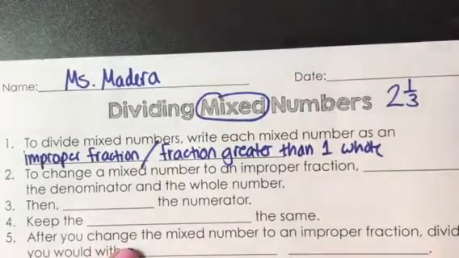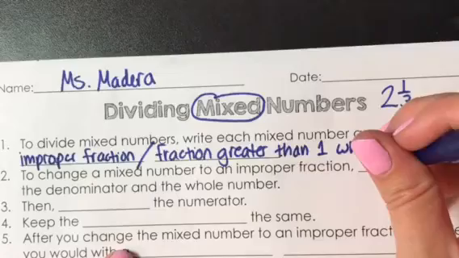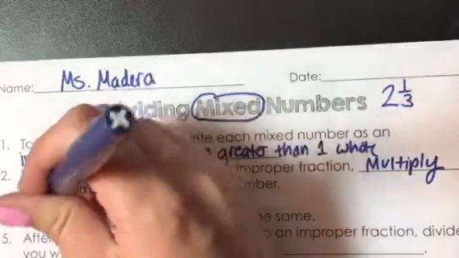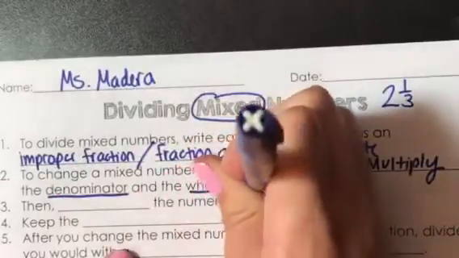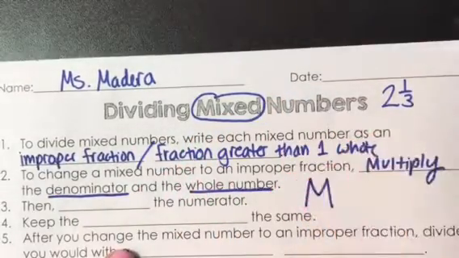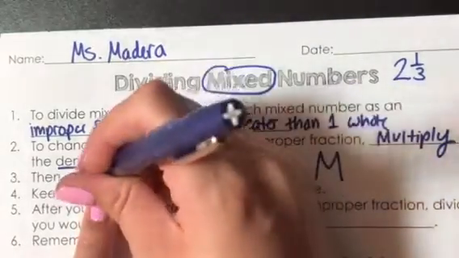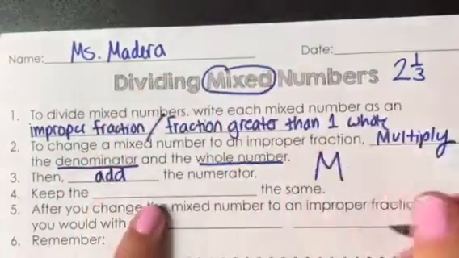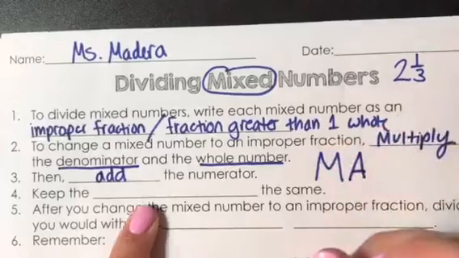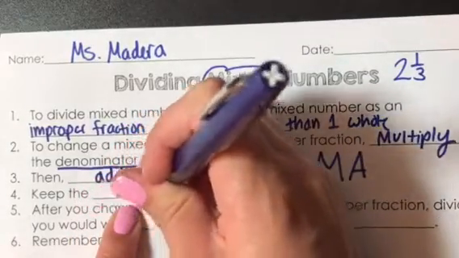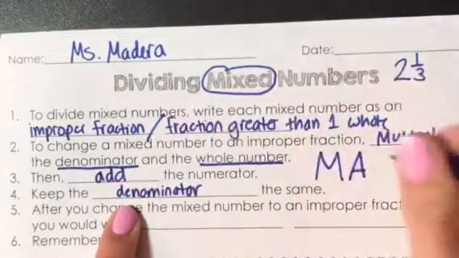To change a mixed number to an improper fraction, you need to multiply the denominator and the whole number. Then you need to add the numerator. And then you're going to keep the denominator the same.